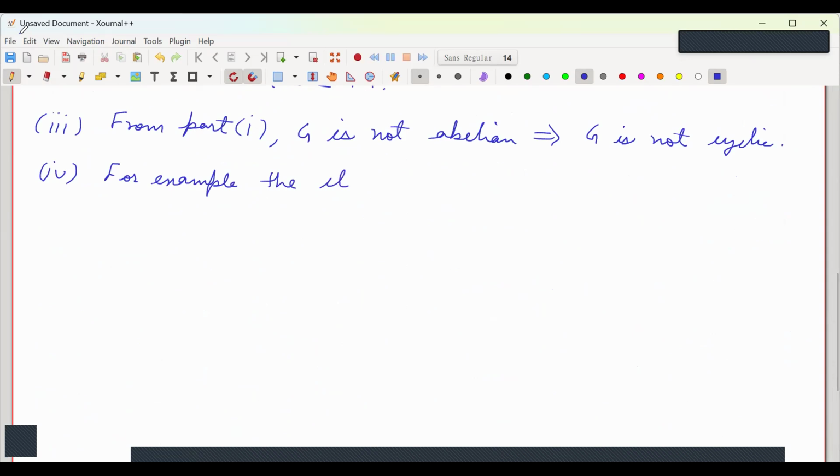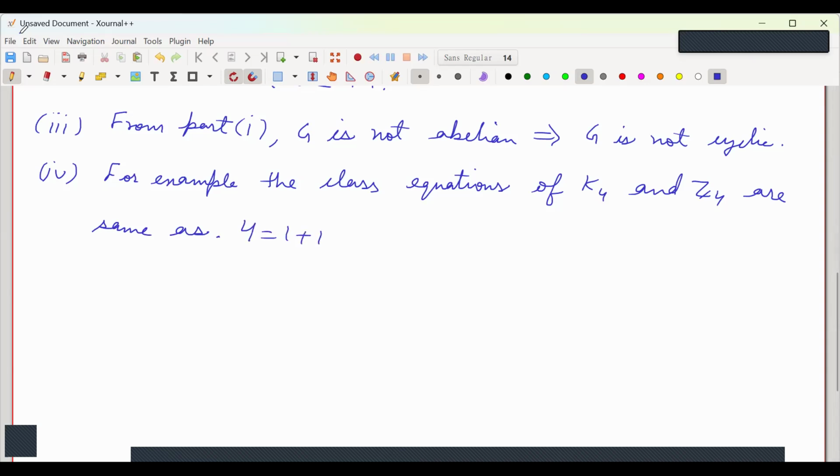So for example, the class equations of A4 and Z4 are the same, as 4 is equal to 1 plus 1 plus 1 plus 1, something like that.